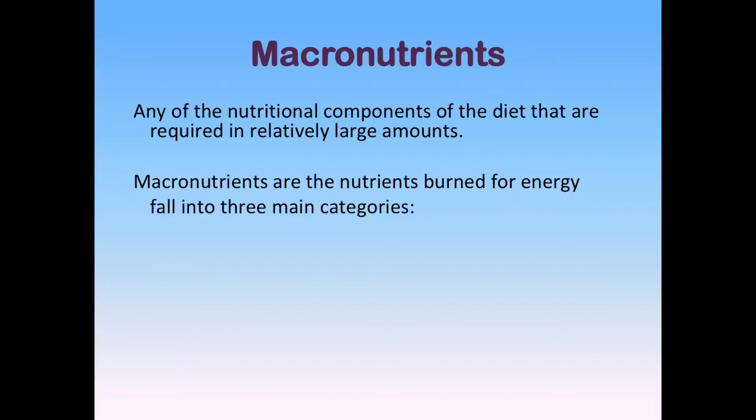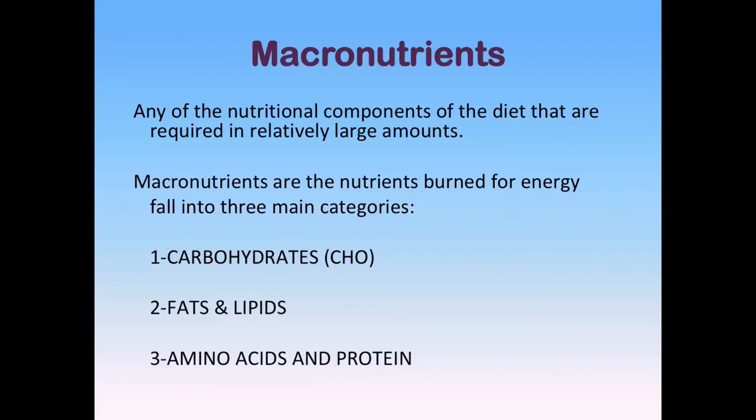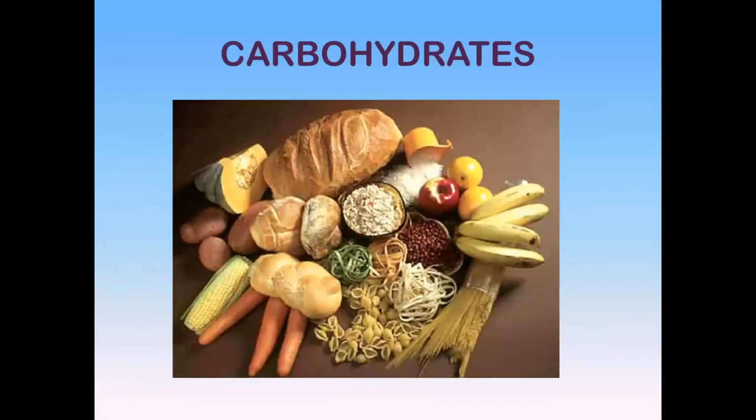As I said, they fall into three main basic categories: carbohydrates, which have some subgroups underneath, and also the fat and lipids, and also the protein. We're going to see all of this throughout the lecture, inshallah.